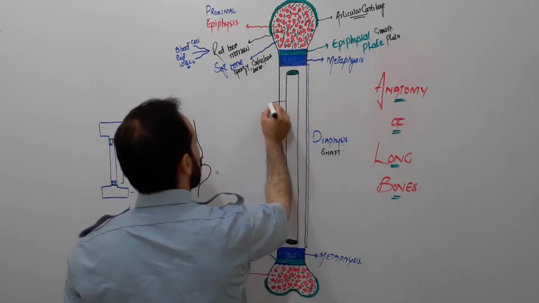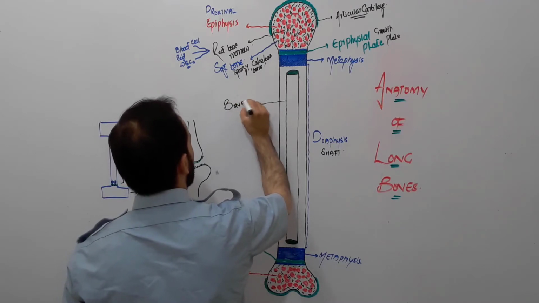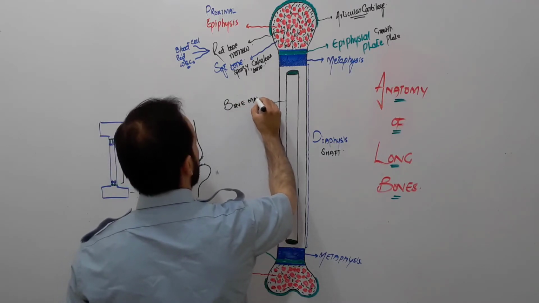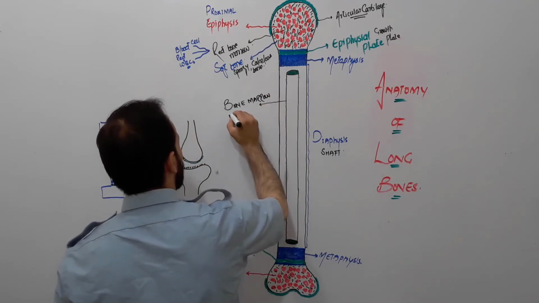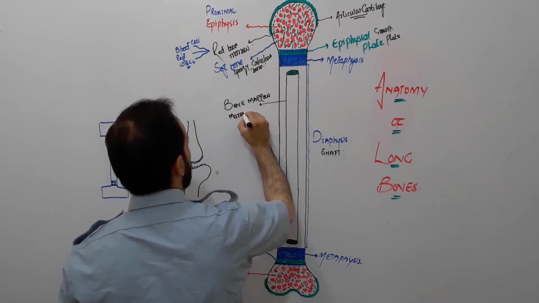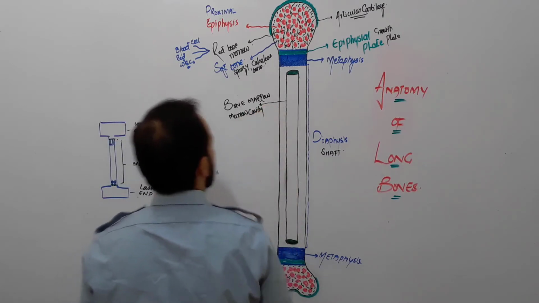What is this? This part is called the bone marrow, right? And we also call it the marrow cavity, right friends?